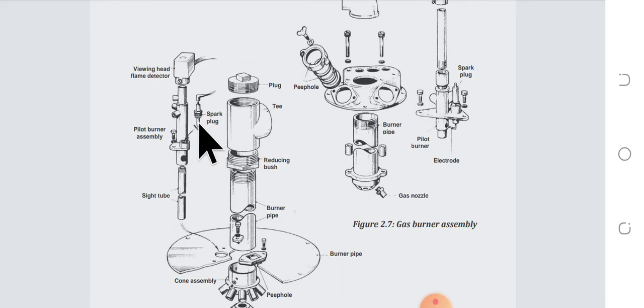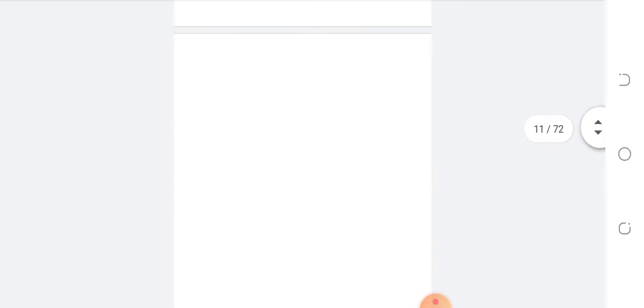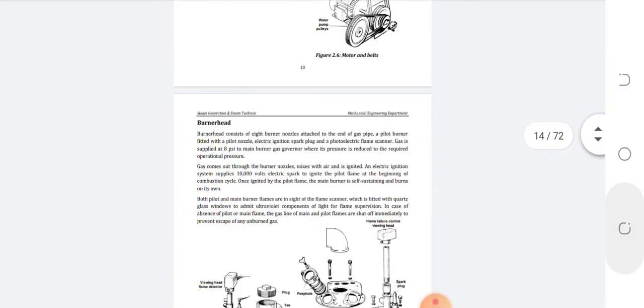In this case the pilot is burned by this spark plug system. The spark plug system runs the pilot burner, and the flame detector detects when the pilot is running successfully, then it opens the hydraulic valve which I have shown in the video.